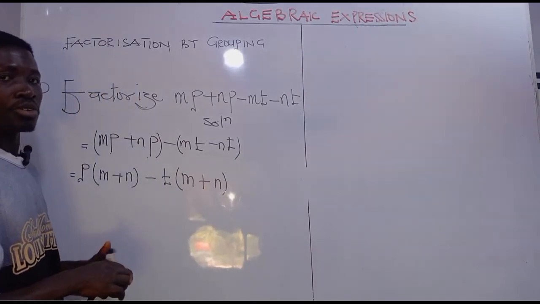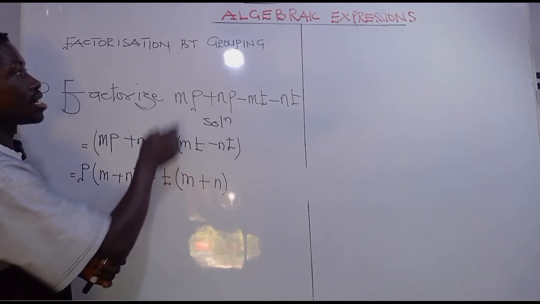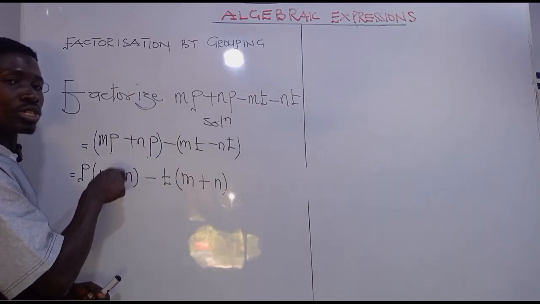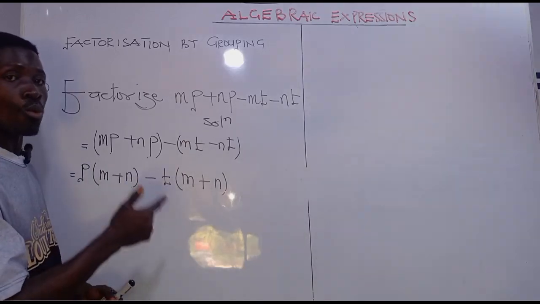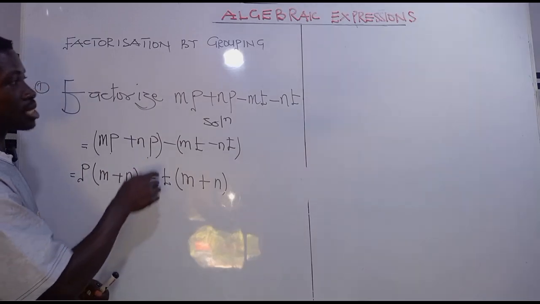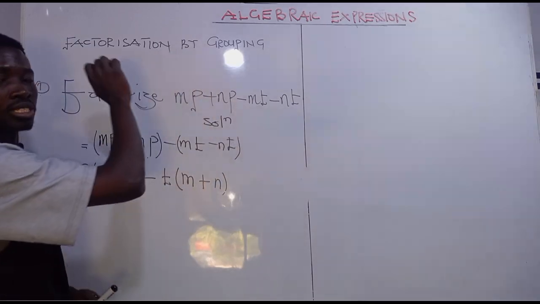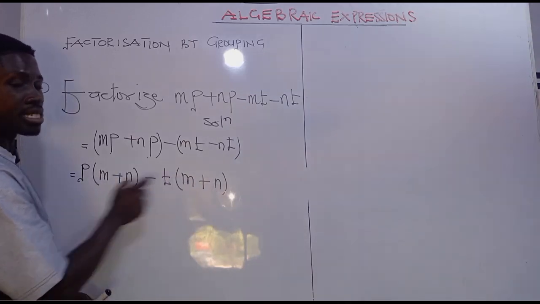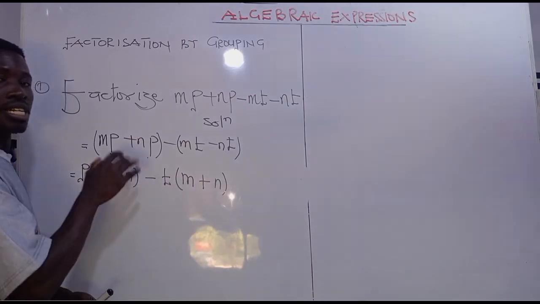So anytime you factorize algebraic expression by grouping, the terms within the bracket must always be the same. Anytime you factorize algebraic expression with four terms by grouping, the terms within the two brackets must be the same.